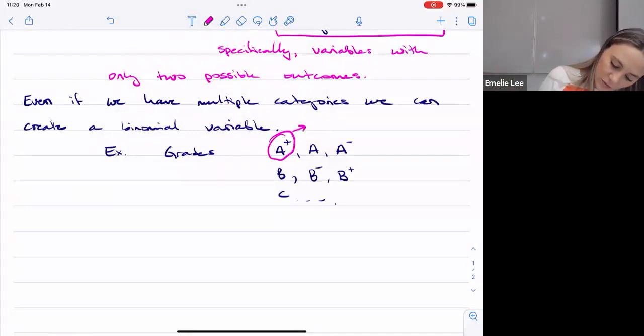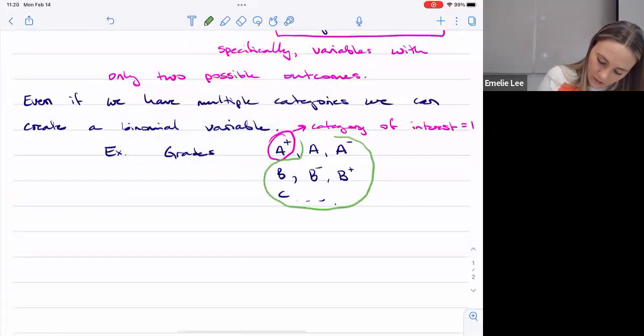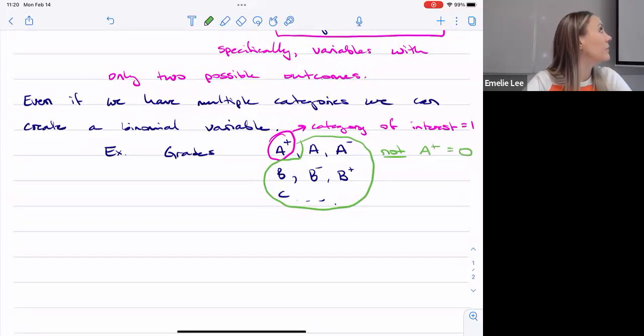Here, this would be the category of interest, which is coded as a 1. And here, these are all the not A plus, which we can code as a 0. It doesn't matter how close you were, even if you're just looking at A's or whatever.